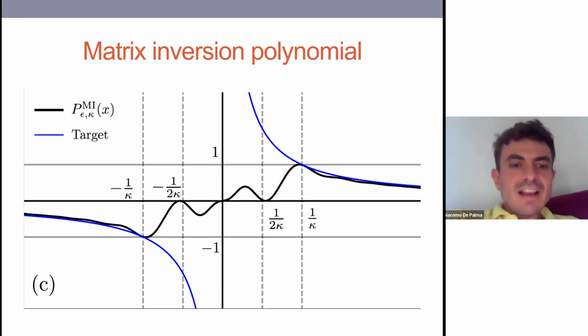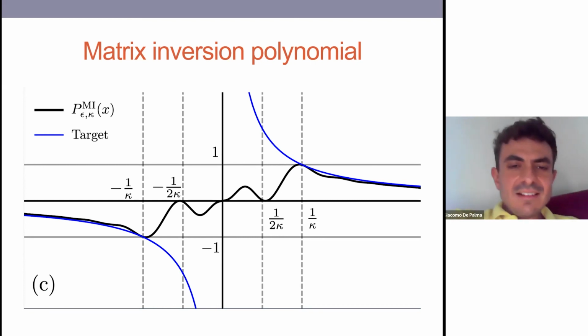So if you want to have an idea of what this polynomial approximation of the inverse function looks like, you can find it here. This is a polynomial approximation of the inverse function in this range, with the constraint that the polynomial has to lie between -1 and 1 in the whole interval [-1, 1], because this was the requirement for the eigenvalue transformation to work.